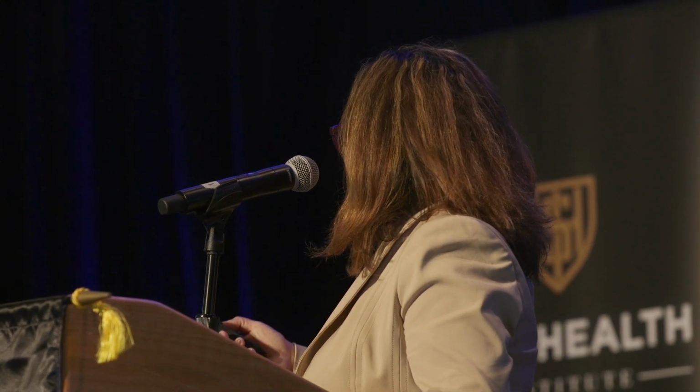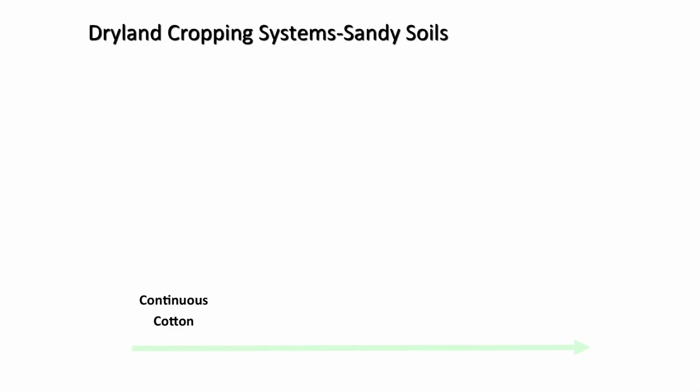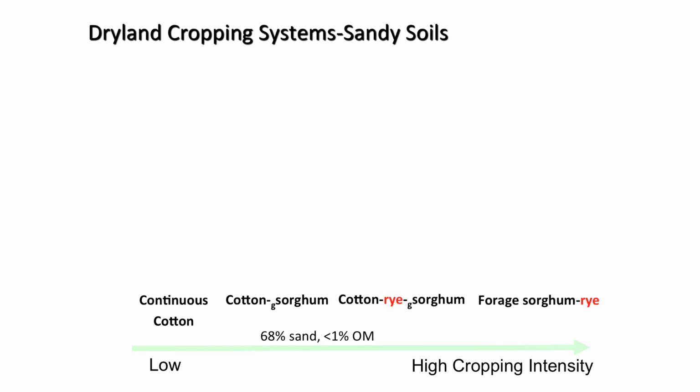Just an example that I wanted to give of research that I have done is in dryland cropping systems in a very sandy soil. For the first 5 years of establishing these research plots, I evaluated rotating with grain sorghum, as it is a dryland scenario, adding a rye winter cover crop, and then also having a totally different system that would not have cotton for 5 years, a forage sorghum, a sorghum Sudan grass with rye.